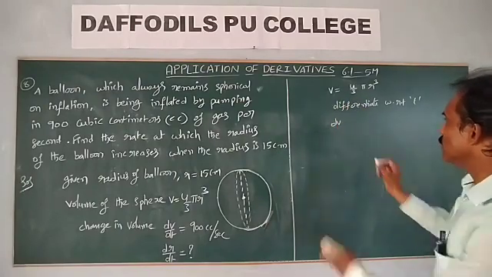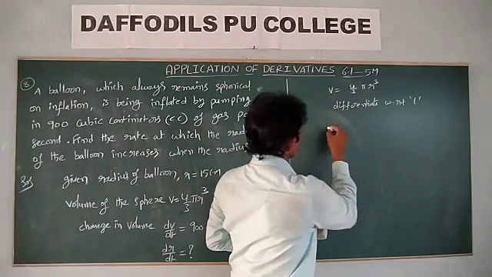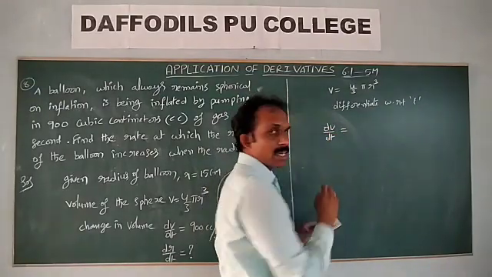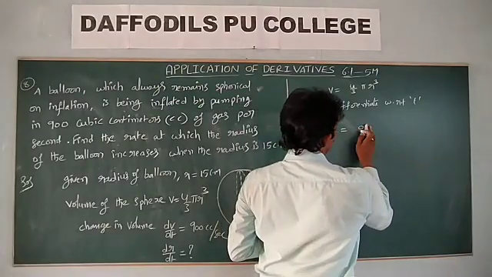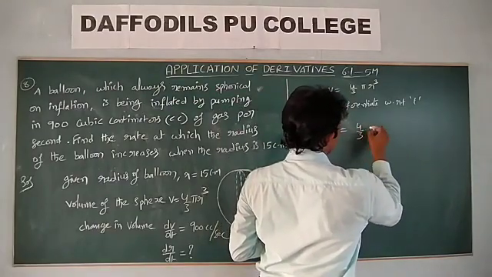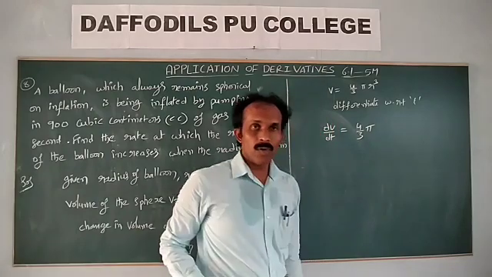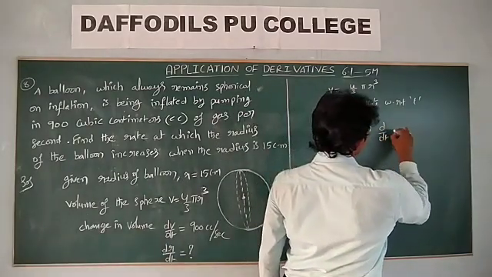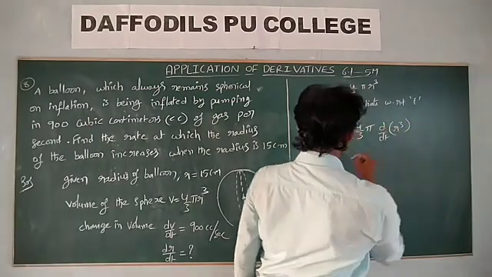dV by dt is equal to 4 by 3 pi constant times d by dt of r cube.